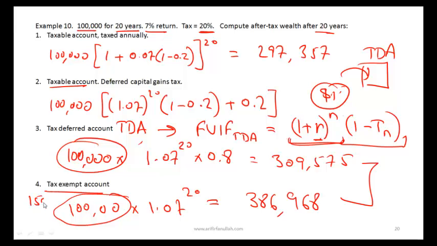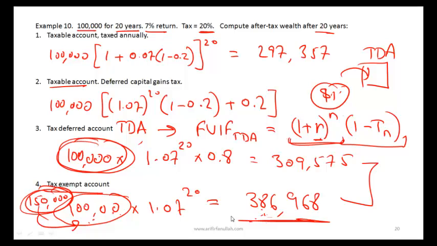You would have to have 150,000 on which you paid taxes to end up with this, and then this number grows. In this example, you got 386,968 starting with 150, paying your 33% tax, getting here, and then this grew. With a TDA, you put in this money without ever paying any taxes upfront. Therefore, you can't just compare 309 with 386 and say this is better.